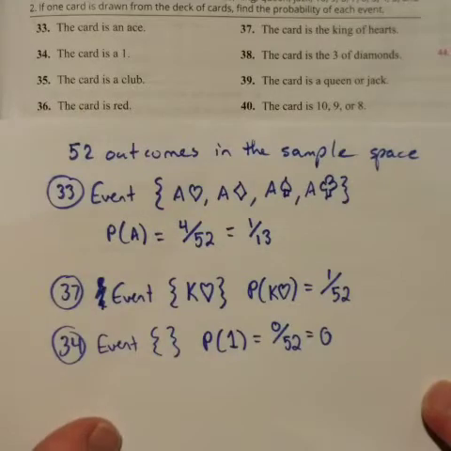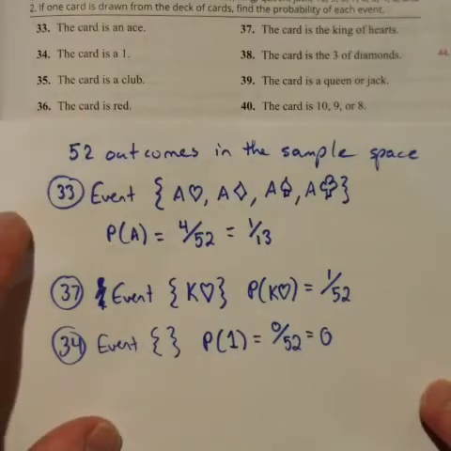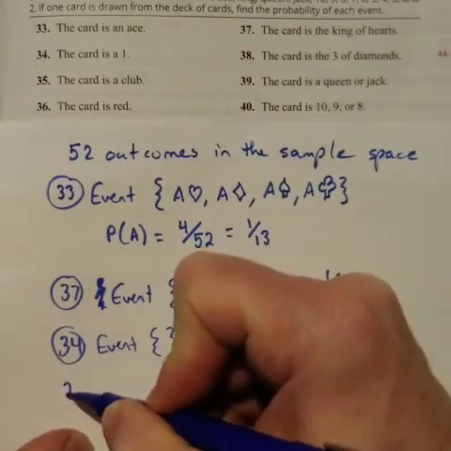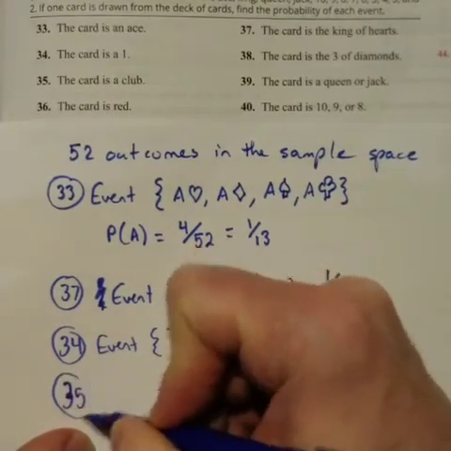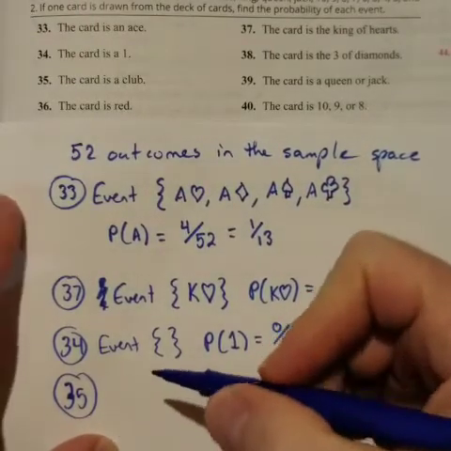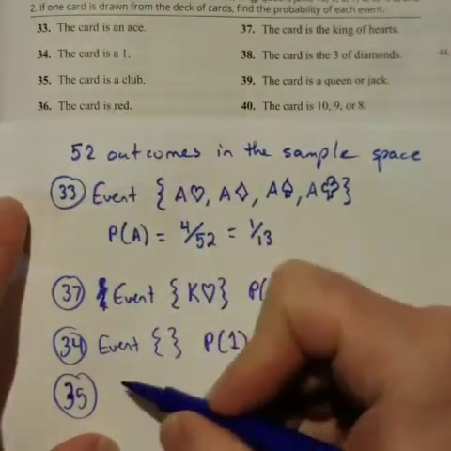Okay. Let's jump down to number 35. Handwriting's getting terrible here. 35 says the card is a club.